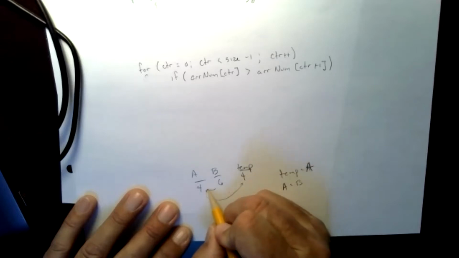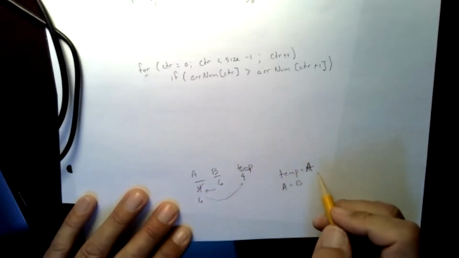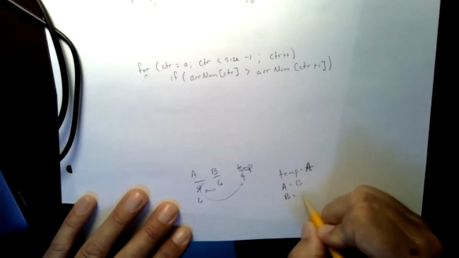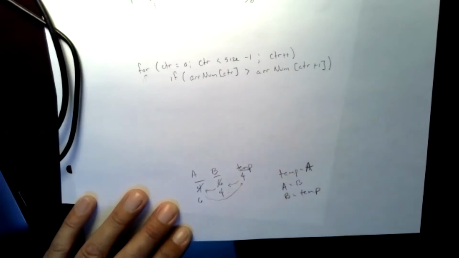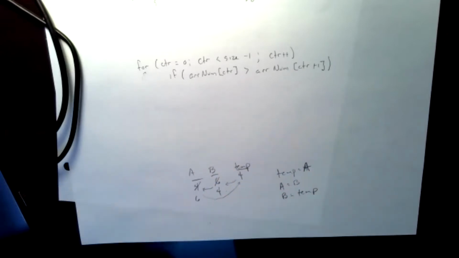Now this is coming over here. That becomes a 6. And then B is going to get the value of temp. Is temp like a placeholder? Yep. It's just a temporary variable. It's going to hold an int temporarily while I move the other one over, and then it can move it in. What happens in the end? They switch places. And then we're done with temp.